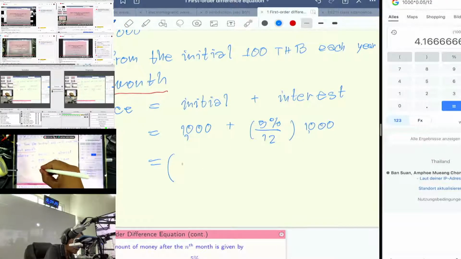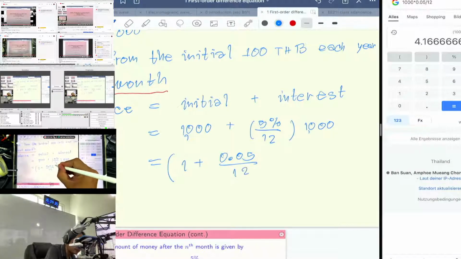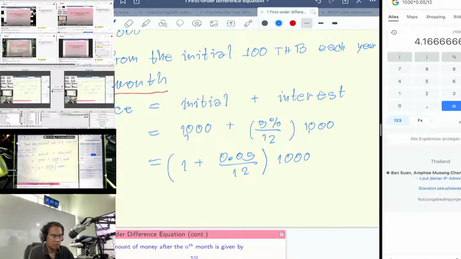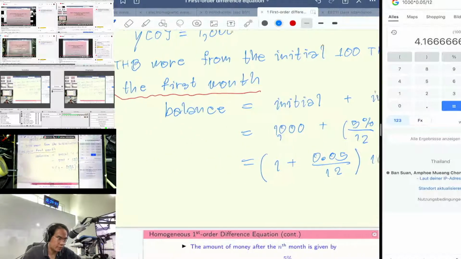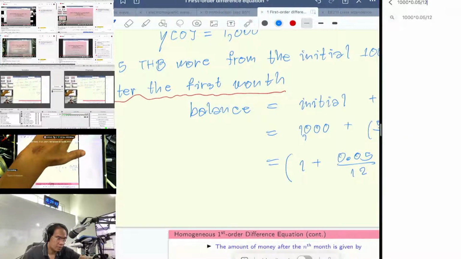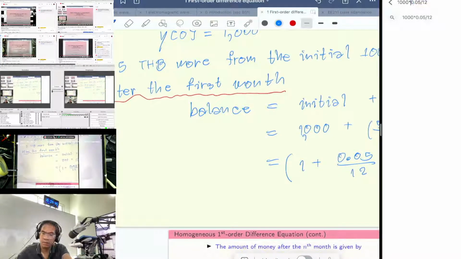It's number 1, right? 1 plus 0.05 divided by 12 times 1,000. So we need to have here 1 plus.